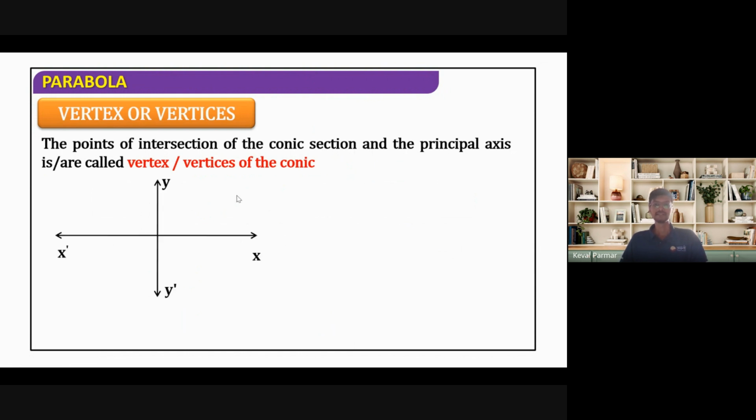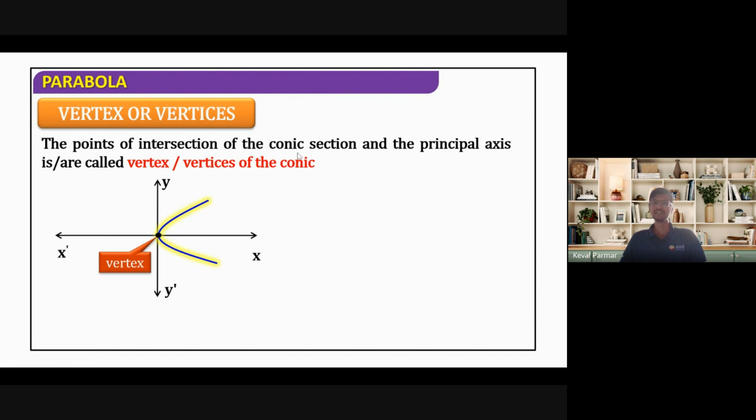So let us say this is x-axis and y-axis. This is the parabola. One of the most common shapes of parabola is something like C. Now here we are taking a standard parabola, that means it passes through origin. So this is called the vertex.